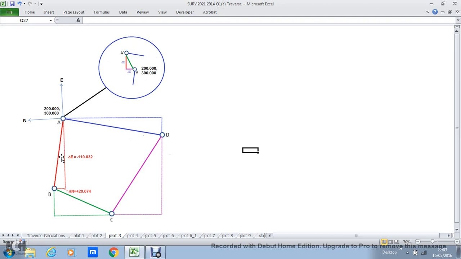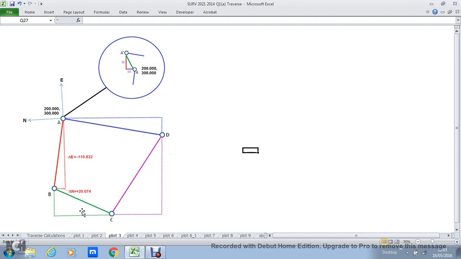Once again, your northern direction here, it increases in this direction and decreases in that direction. So if you look at it here, if you're coming from here to here, it's actually increasing, and you can see that that is also correct.